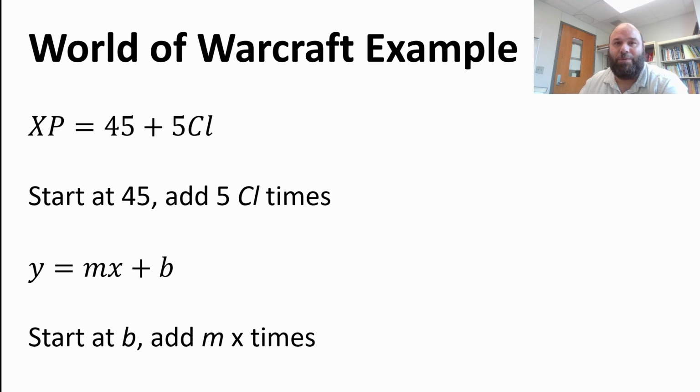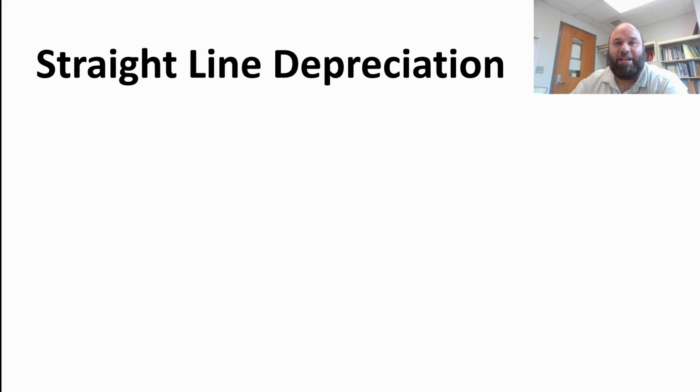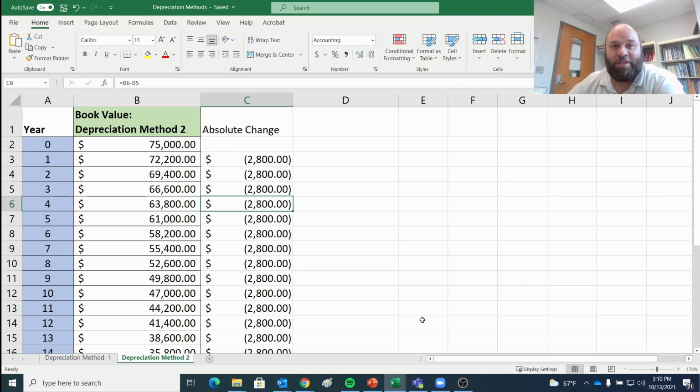Let's return to the straight line depreciation example that we started the last video with. So this example we noted was linear because it has this constant absolute change. Every year that the machine ages, its book value declines by $2,800 as a result of expensing it. So what does that tell you? That tells us that the slope, our m, is negative 2,800 because the book value goes down.